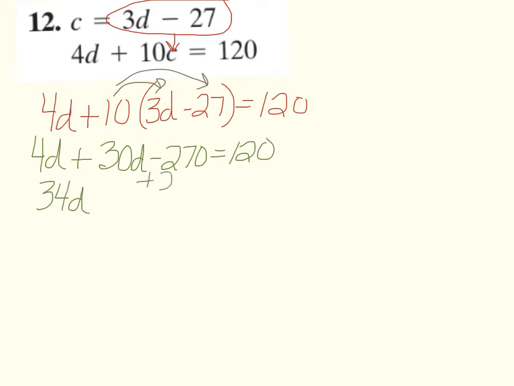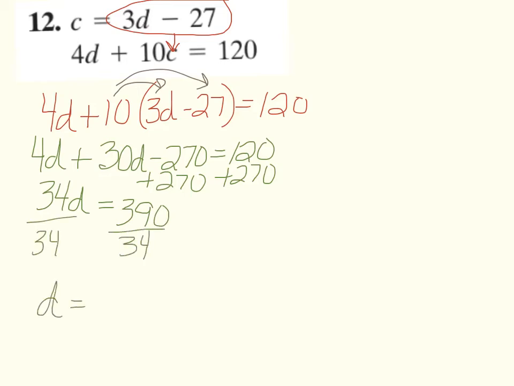I'm going to add 270 to both sides. So 34d equals 390. Divide both sides by 34. So d equals 195 over 17.